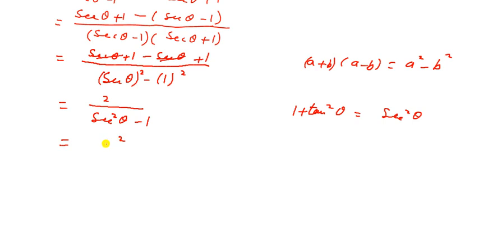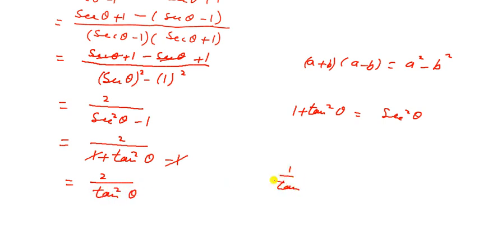So we get 2 upon 1 plus tan square theta minus 1, 1 and 1 will be cancelled out. So we get 2 upon tan square theta. As you know, 1 upon tan theta is cot theta. That means it is 2 cot square theta, and that is the right hand side, hence proved.